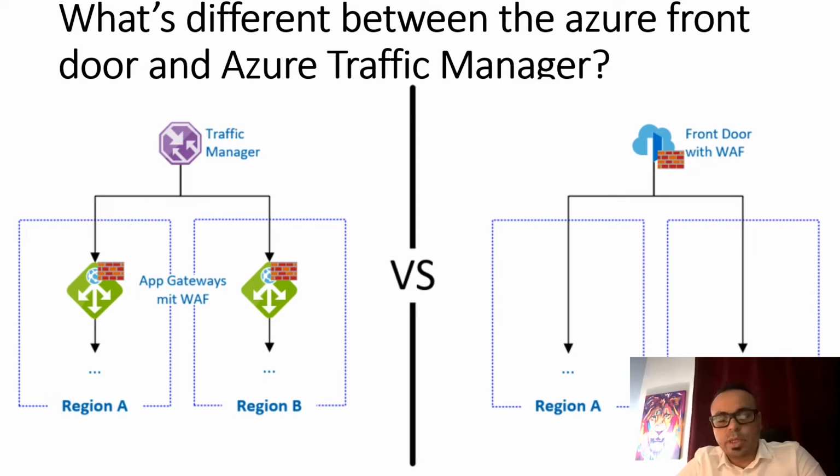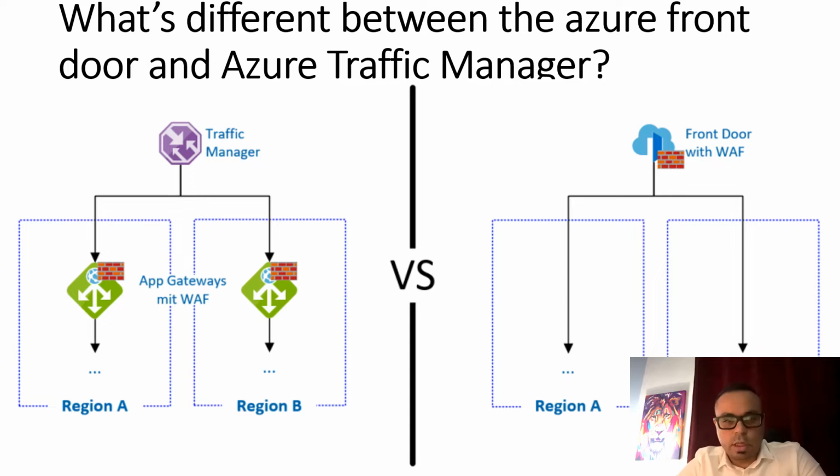And here, can we compare it or not? We can compare it, because Azure Front Door can be compared to Azure Traffic Manager in a way: this also provides global HTTP load balancing to distribute traffic across different Azure regions and cloud providers, or even your on-premises.